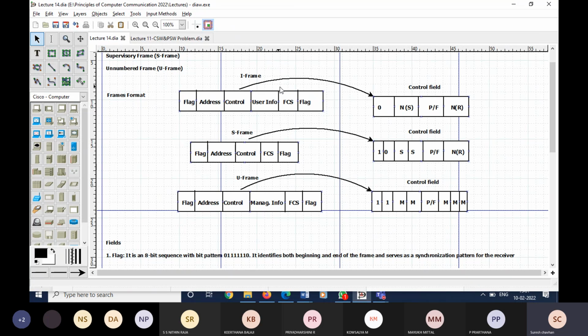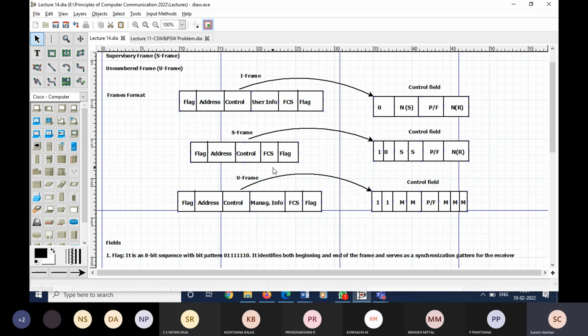Then the last but one field is called the FCS. All the frames will have the FCS because we have to detect the errors in the frames. For that, we use the error detection technique called the CRC, cyclic redundancy check.